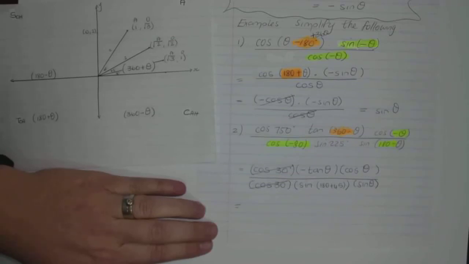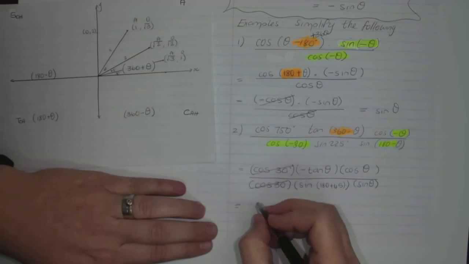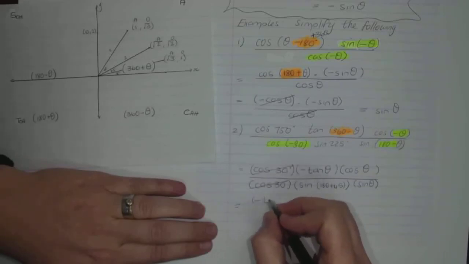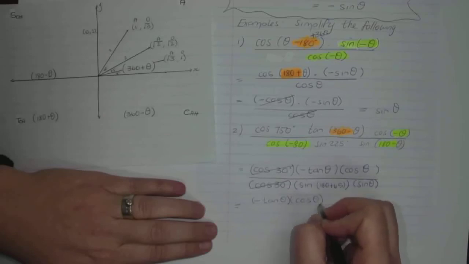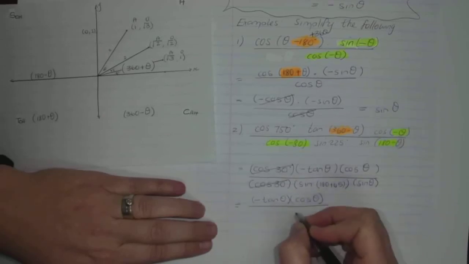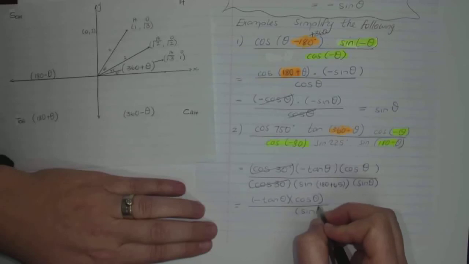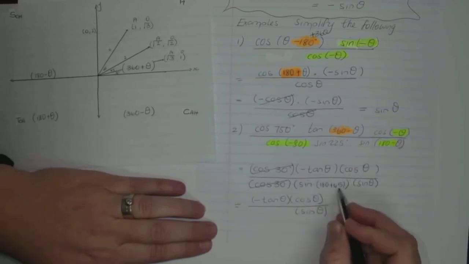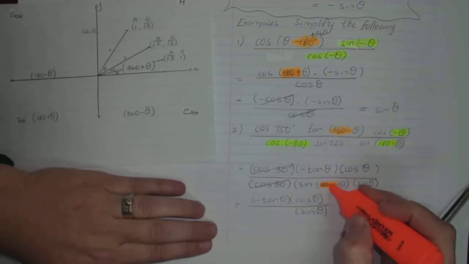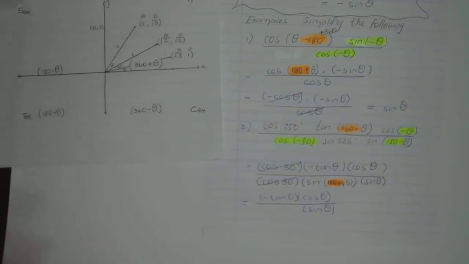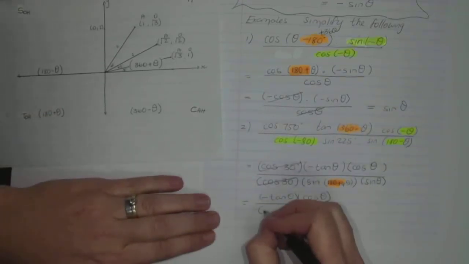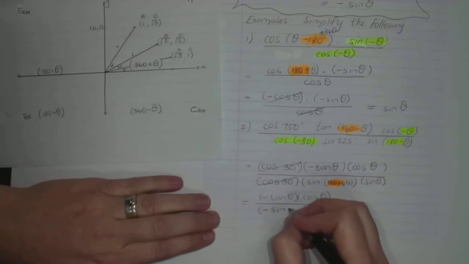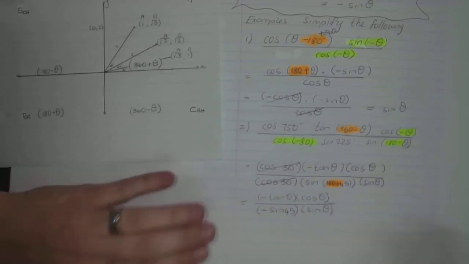Okay. I see that I have left minus tan theta, cos theta, and at the bottom here I have sine theta and 180 plus. What do I know in 180 plus? Only tan, so sine will be negative.